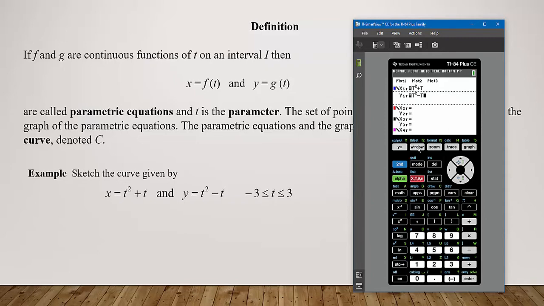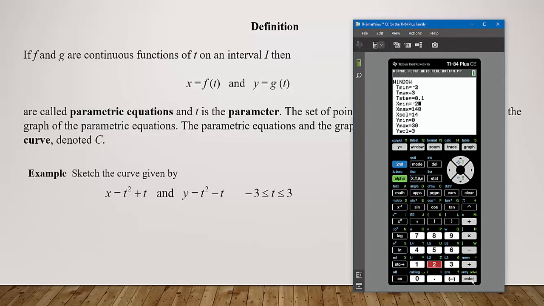Okay, now I do have to fix my viewing window because I was told t goes from -3 to 3. So my t min is -3. My t max is +3. I'll leave the t step at 0.1. Let's see, x min. Oh boy, I don't know what to make my x min. I'm making a guess here.